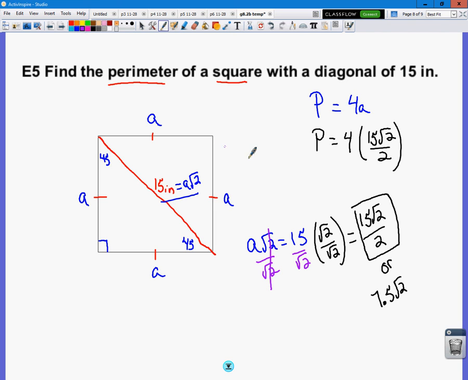And I think it's just easier to work with it this way, because how many times will 2 go into 4? So I could cross cancel this and make this 2. And what is 2 times 15? So my perimeter is 30 square roots of 2. And it would be in inches.